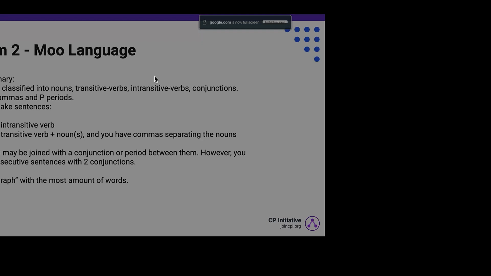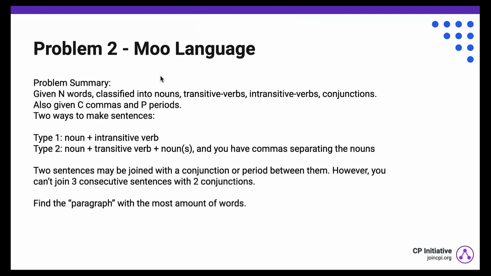And then let's move on to problem 2, which is Mu language. This problem is pretty long, but as a summary, you're given n words, classified into nouns, transitive verbs, intransitive verbs, and conjunctions. You're also given C commas and P periods. There are 2 ways to make sentences out of these.